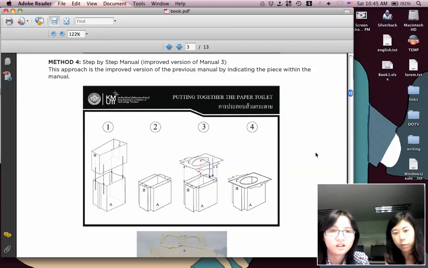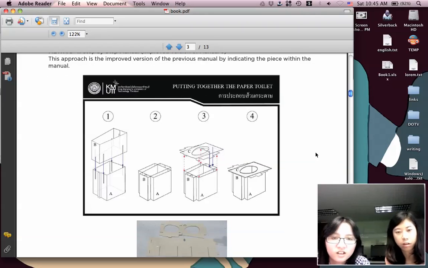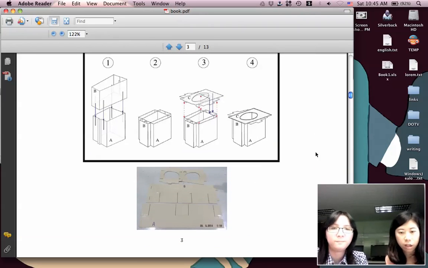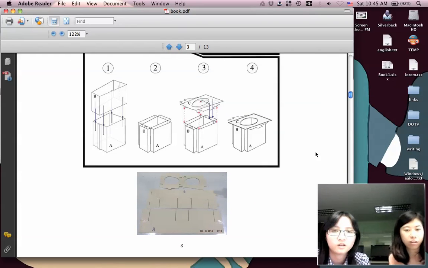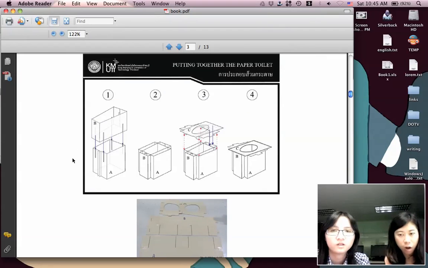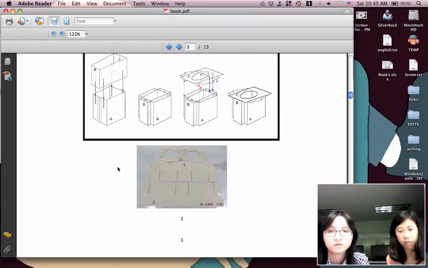What we did to improve this one from manual 3 is we put indicators on the pieces of paper. There are three pieces: part A, part B, and part C. We put it also on the manual and on the real pieces, so people would know which one is which.